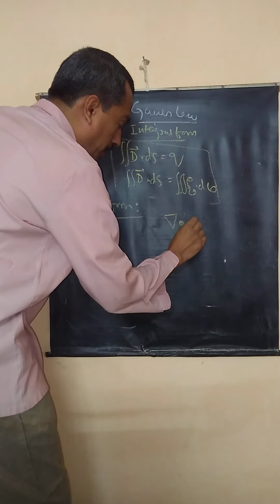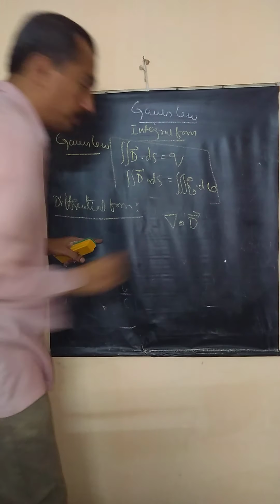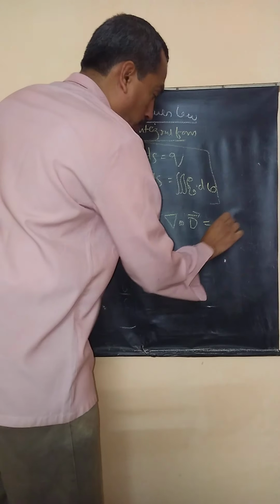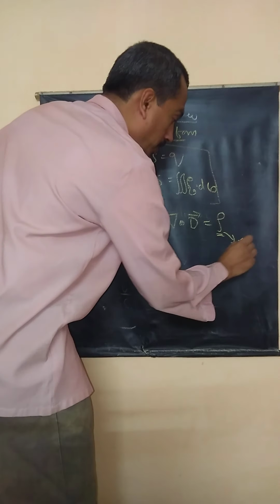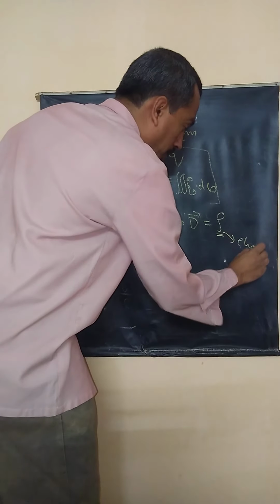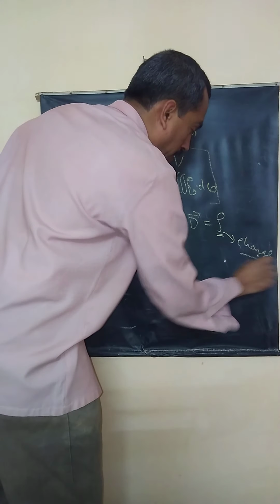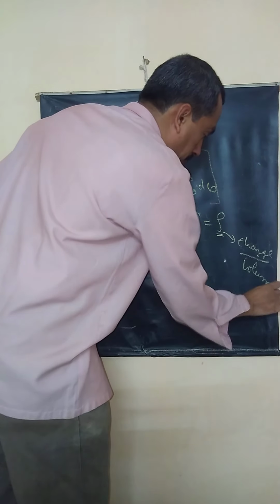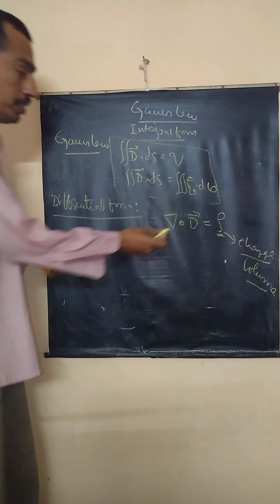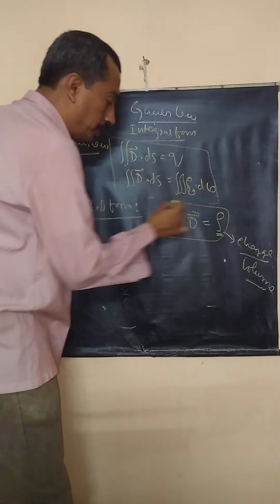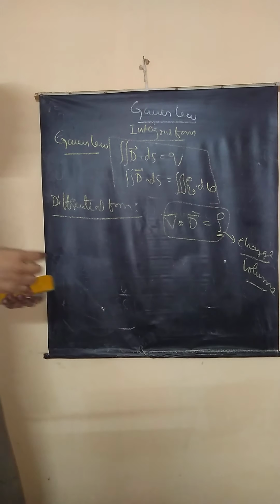Del dot D is equal to rho. Rho is volume charge density, charge per unit volume. Is it clear? See this? This is called the differential form of Gauss law.